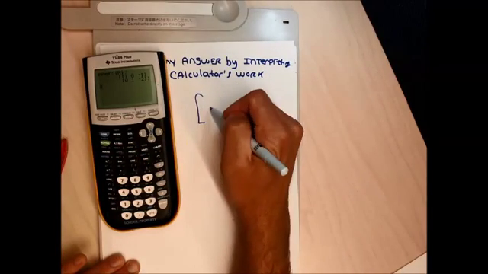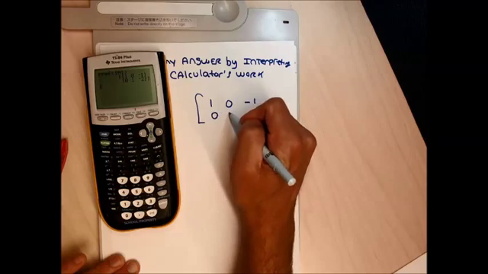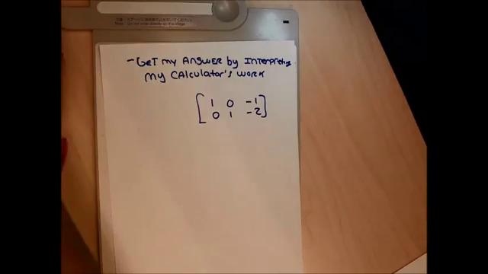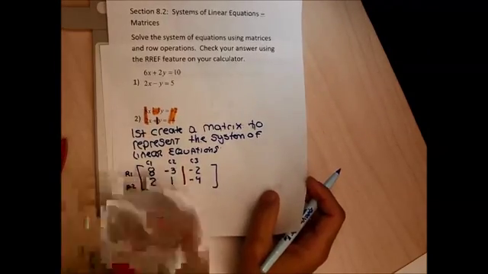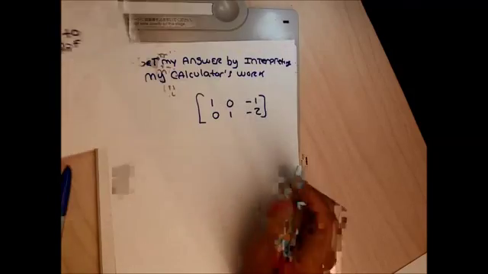So my calculator gave me 1, 0, negative 1, 0, 1, negative 2 from the initial matrix of 8, negative 3, negative 2, 2, 1, negative 4. My calculator is not going to put that vertical line where the equal sign is, but I'm going to put that vertical line back so I know where the equal sign is.